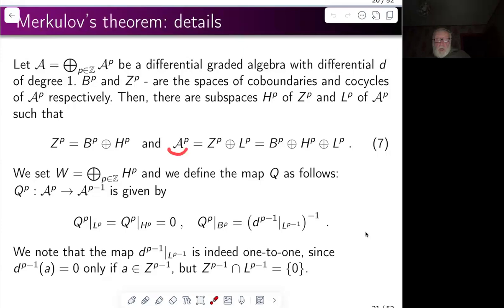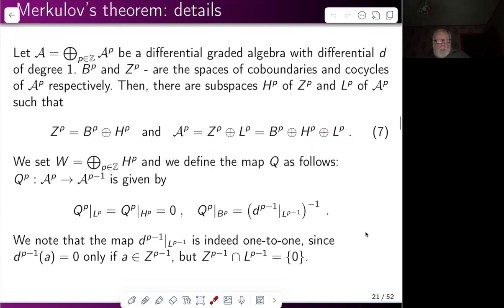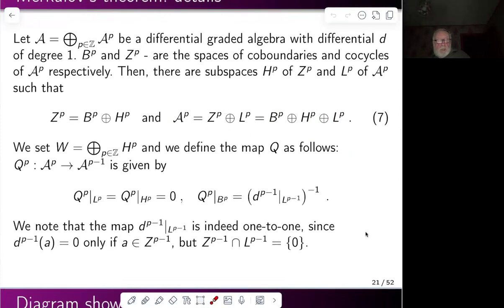Then each component can be represented as a direct sum of B^p plus H^p plus L^p. So let's consider as a complex W a direct sum of cohomologies H^p, and define a map Q from A^p to A^(p-1).